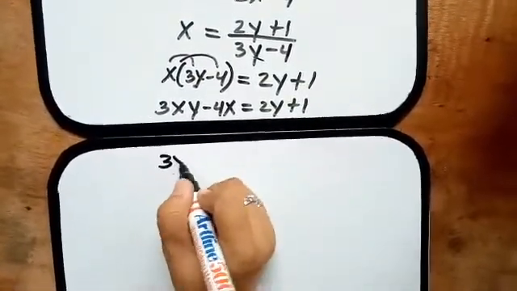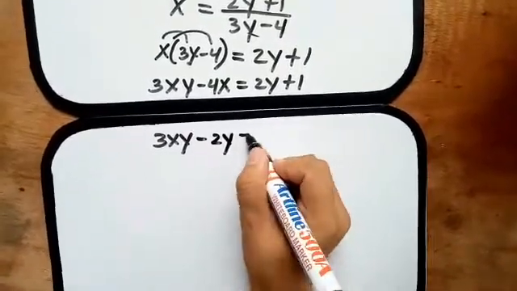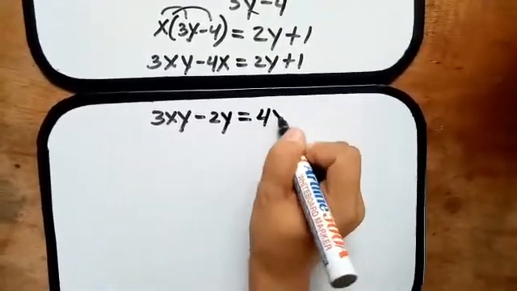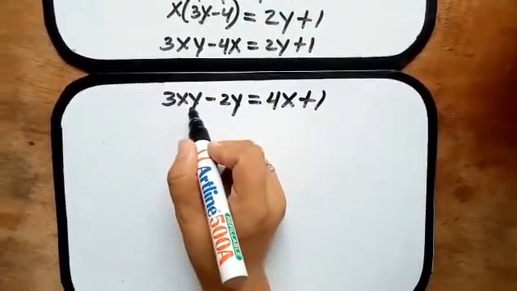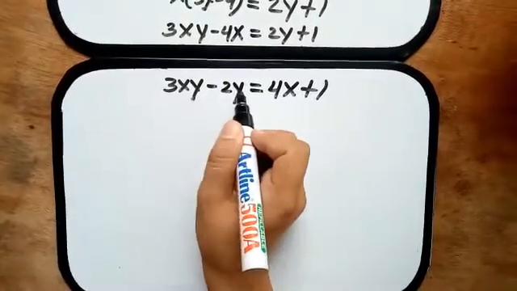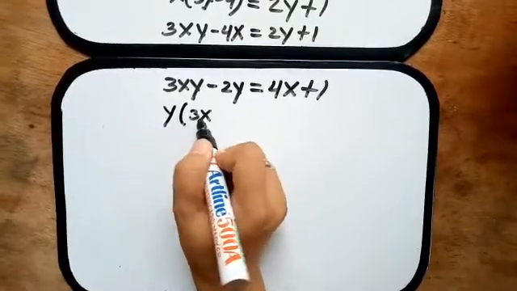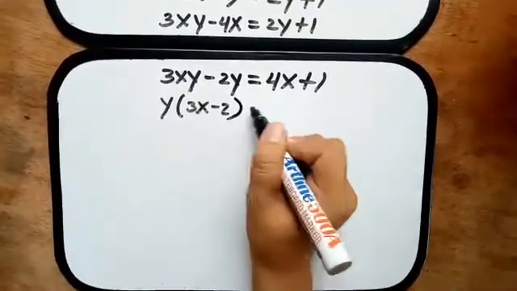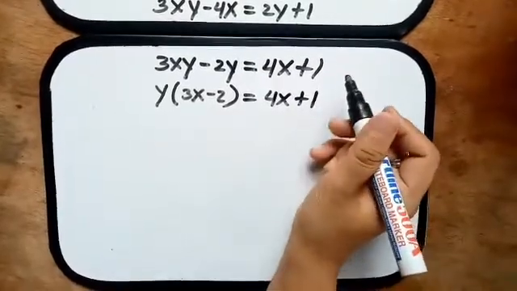Therefore, 3xy minus 2y is equal to 4x plus 1. Then, since they have the same factor, which is y, y times 3x minus 2 is equal to 4x plus 1.